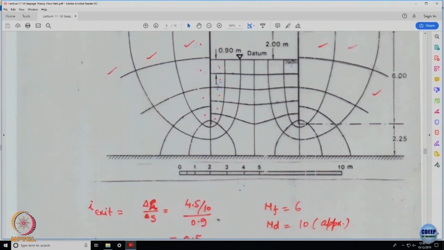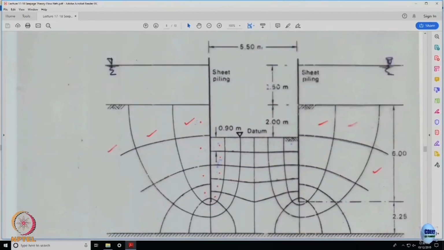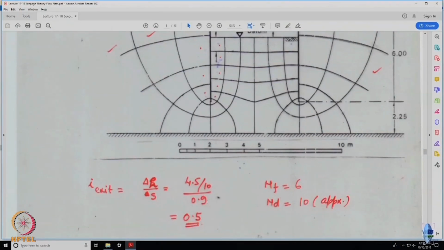So, this is 4.5, your 2 plus 2.5 is 4.5. Starting from the datum, the total head is going to be 4.5 upon 10, and the length of the element is 0.9 meter. So, exit gradient is 0.5. How do you check the suitability of the exit gradient?